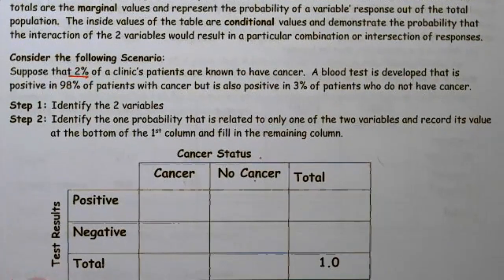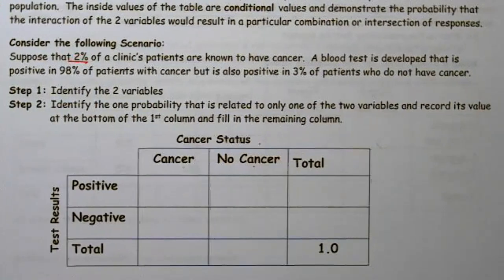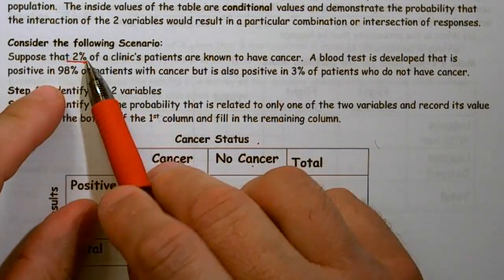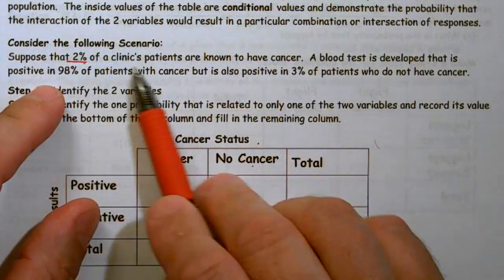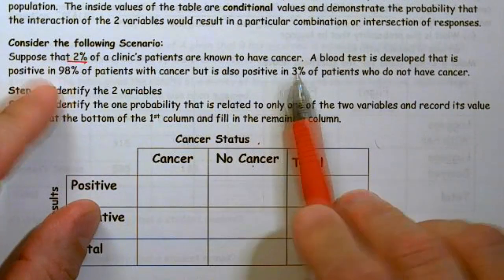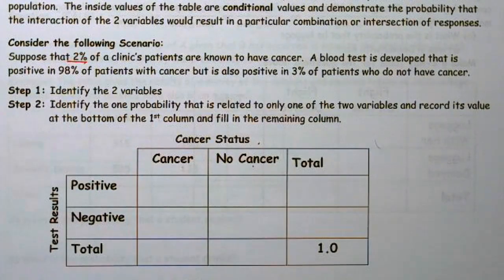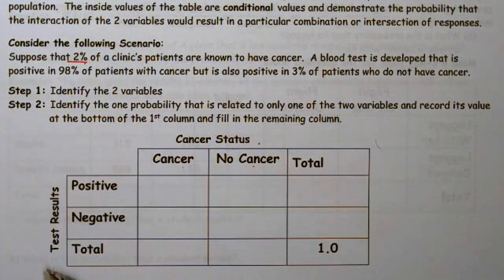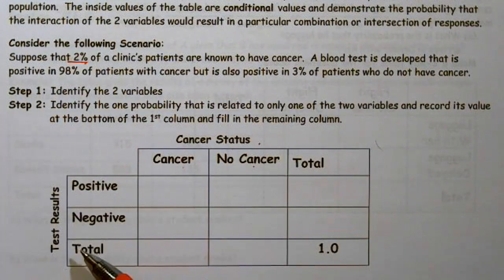I need to go back to my problem and identify the one probability that is related to only one of the two variables. This one, they set it up fairly nicely. They say, suppose that 2% of a clinic's patients are known to have cancer. So that is associated with only one variable. It's associated with cancer status. It has no relationship to test results.